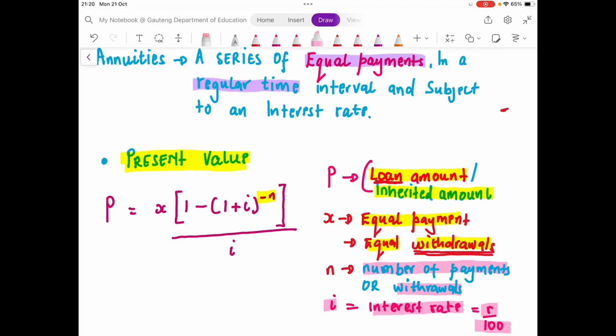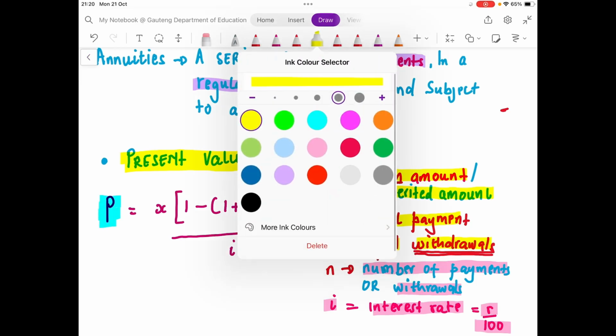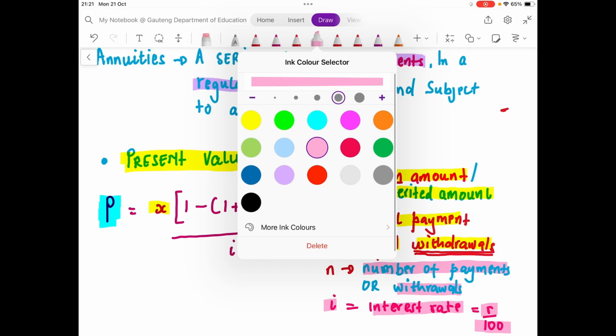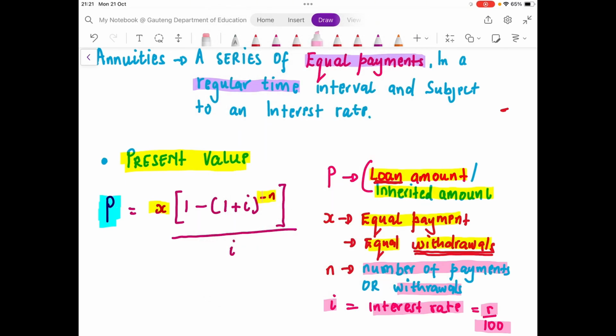Now, in this formula, you must be able to calculate the value of P. You must be able to calculate the value of X. You must be able to calculate the value of n.